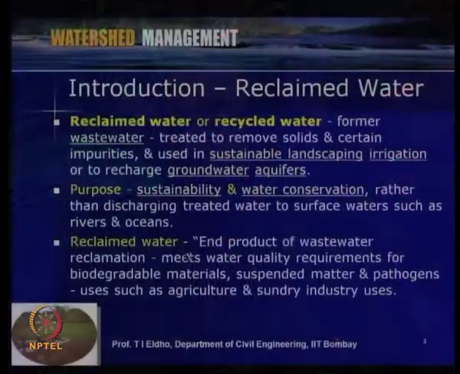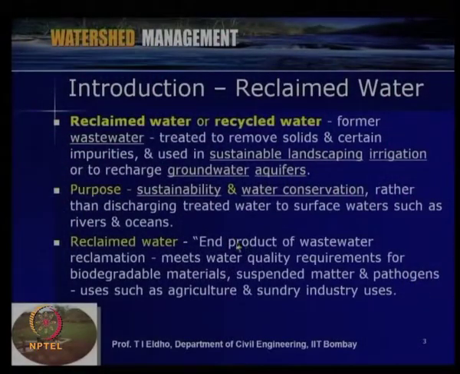When we look into reclaimed water, the end product of wastewater reclamation meets water quality requirements for biodegradable materials, suspended matter and pathogens, so that uses such as agriculture and industrial uses can be met with the reclaimed water.